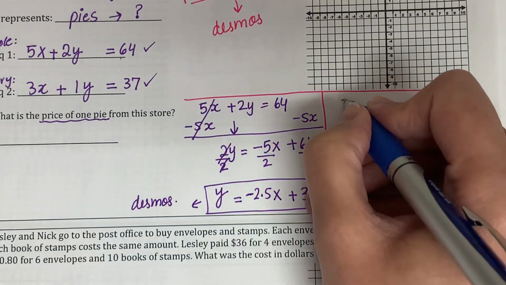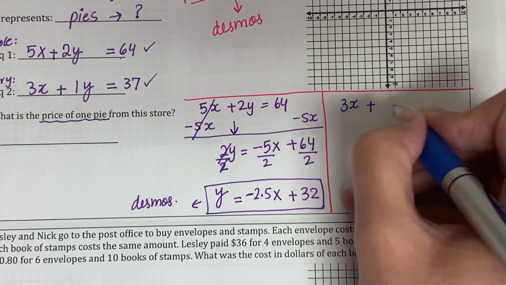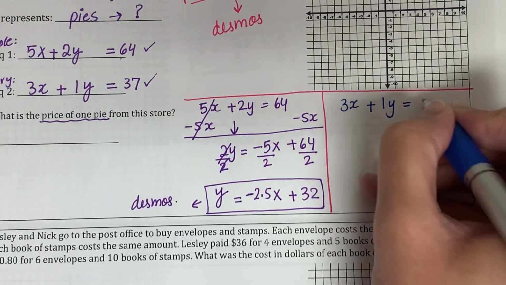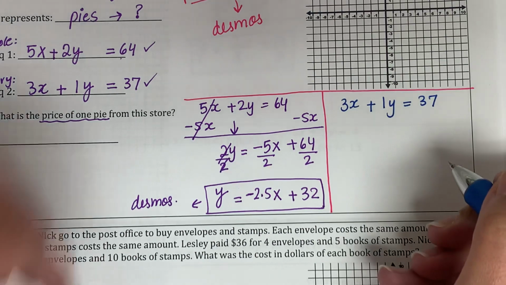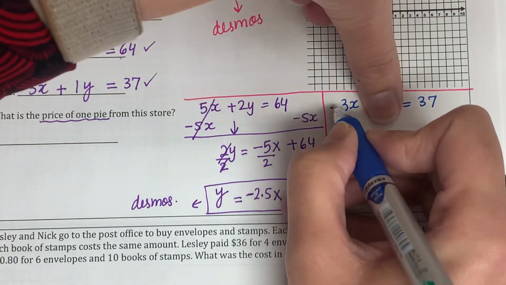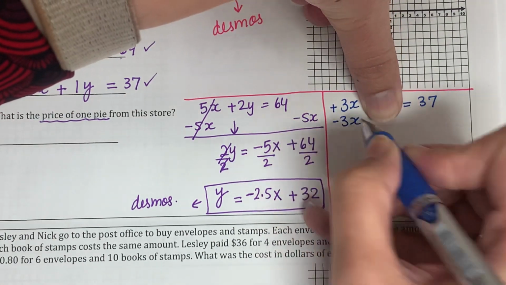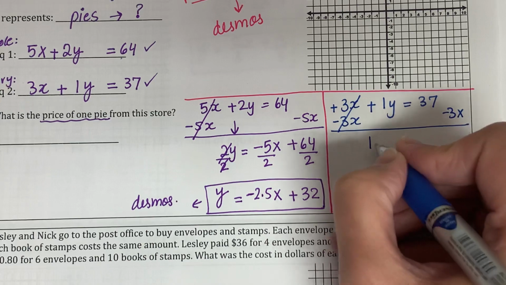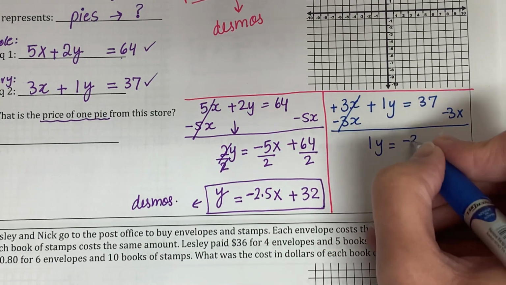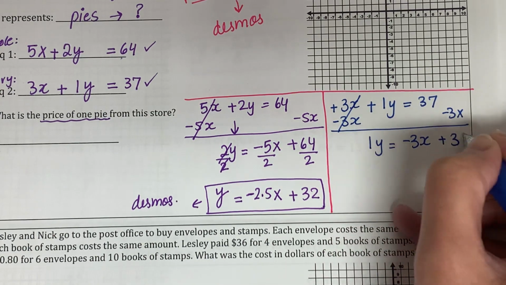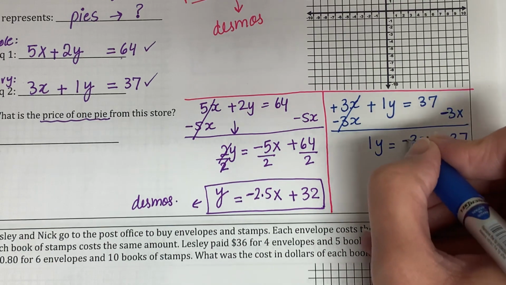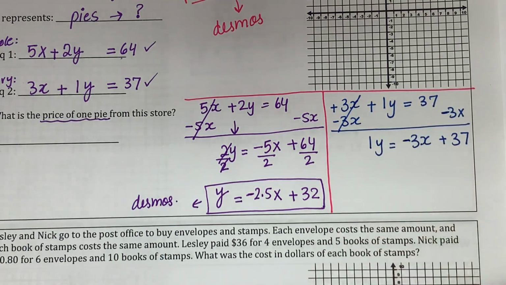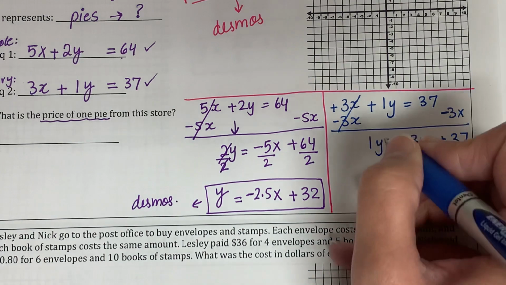I'm going to fix the other equation. 3x plus 1y equals 37. I need to solve for y. This is a plus, so I'm going to do the opposite, which is subtract 3x on both sides. Bring down the positive 1y equals negative 3x plus 37. Always type or write your negatives clearly so you don't miss them.